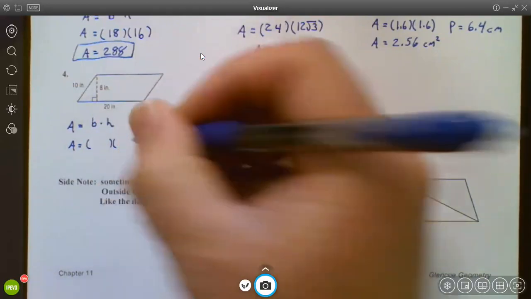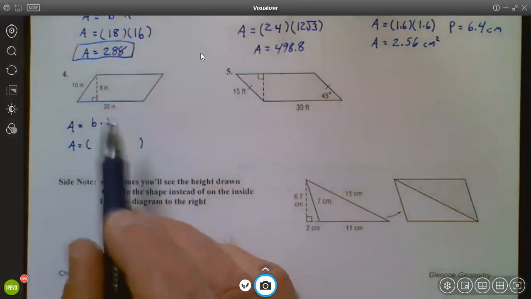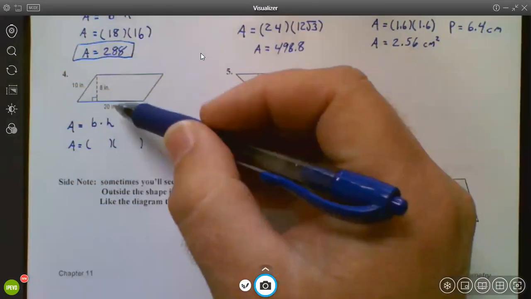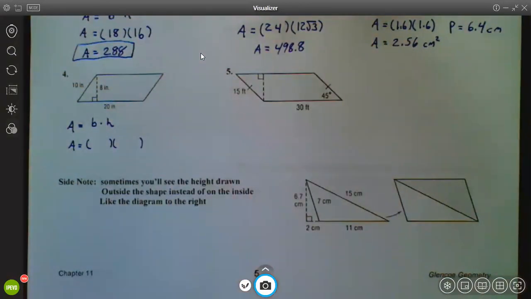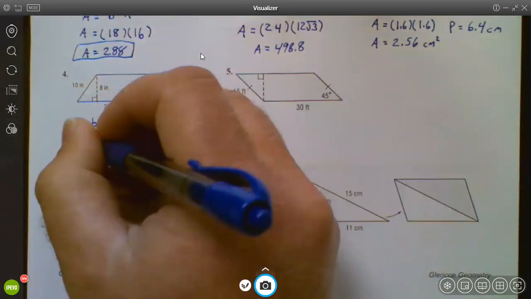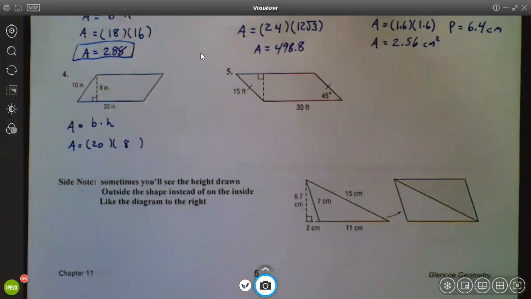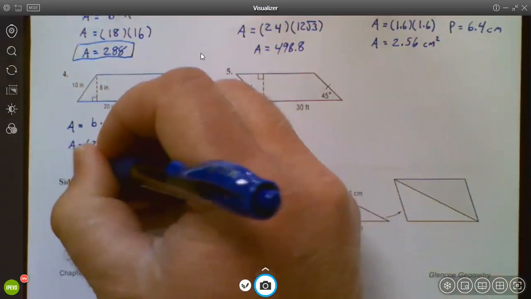And I will get students that will say the area is 20 times 10, even though the 10 is not perpendicular to 20. So you got to be careful on that. Make sure that you're picking perpendicular lengths. So the 20 and the 8 are perpendicular to each other. So that's why they would be our base and our height. It's got to be 160.